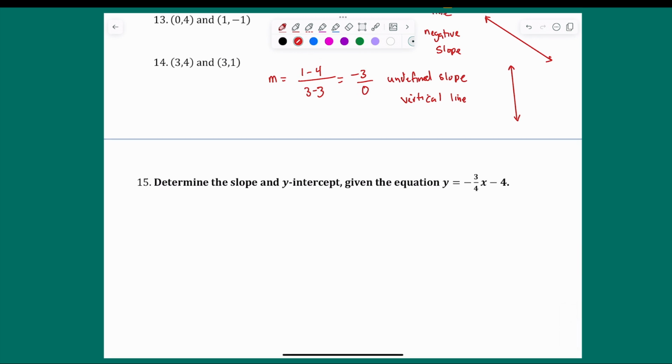There's not too much calculation here, because examining the equation, we can see that the number in front of the x value is the slope. So the slope is going to be equal to negative 3/4. In other words, we have a rise of negative 3/4 for a unit increase in x.